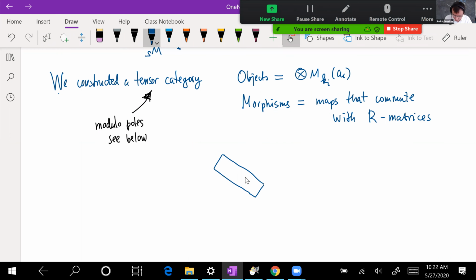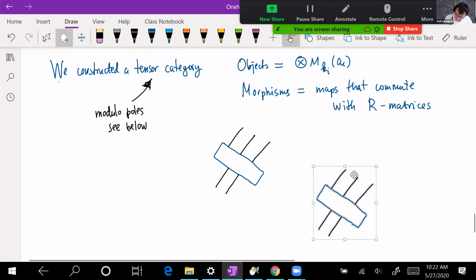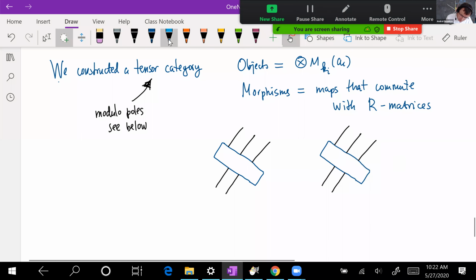Or sorry, it's not black, it's blue, but it'll be maybe acting from tensor product of 3 to tensor product of 2, and that guy commutes with the R matrix, meaning that if I put the R matrix here, or I put the R matrix there, these two things are equal, right? So these are the maps I want to consider.